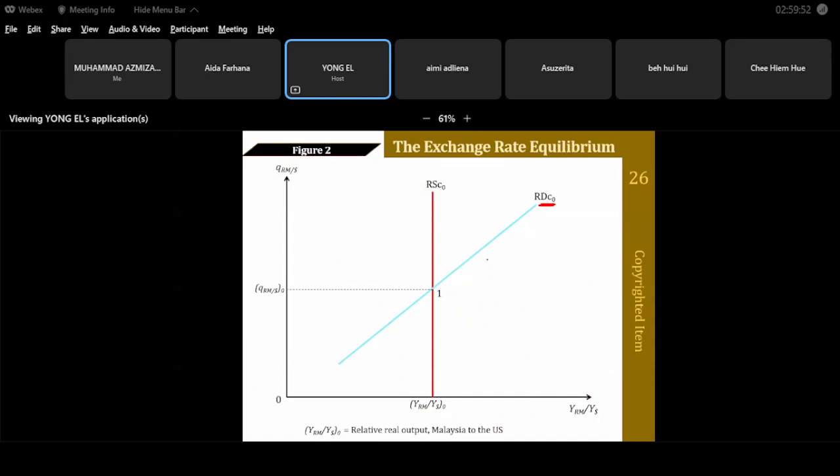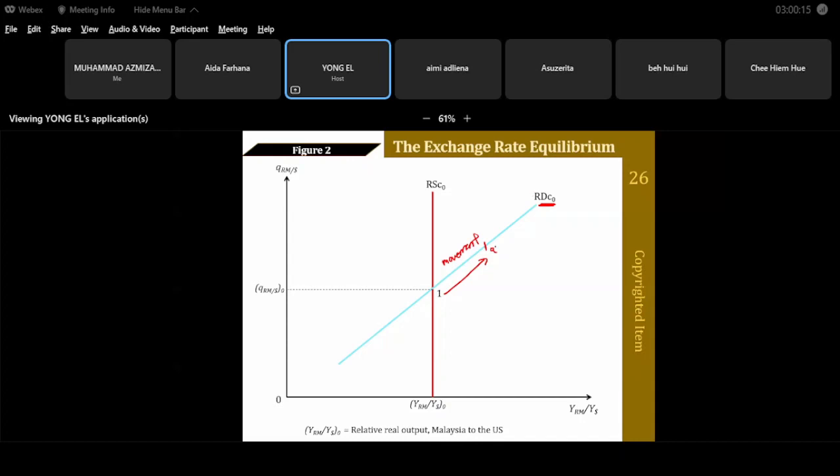The relative demand curve is positively sloping. The reason is, for example, a movement from point 1 to point A is a movement along the demand curve.